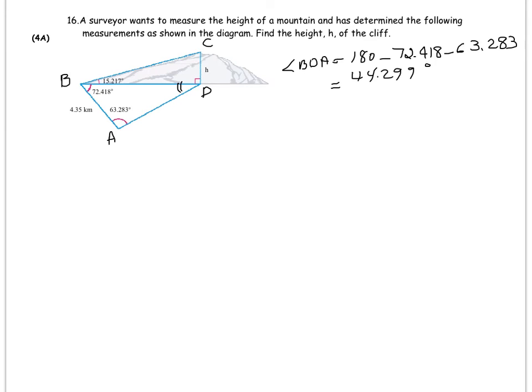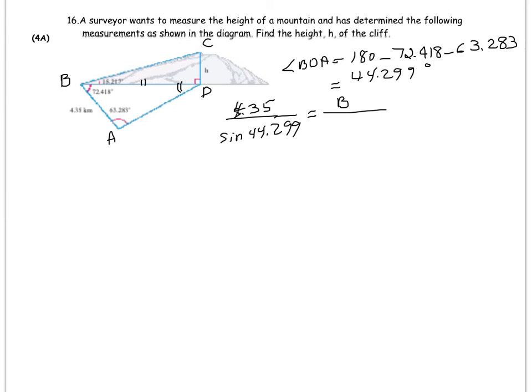Now, what we are going to do is use the sine law to find this side. This is the one that we want. So I'm going to use sine: 4.35 divided by sine 44.299 is equal to, I'm going to use another side, which is going to be BD, the one that we are looking for.